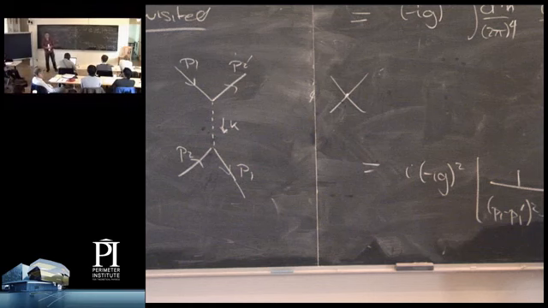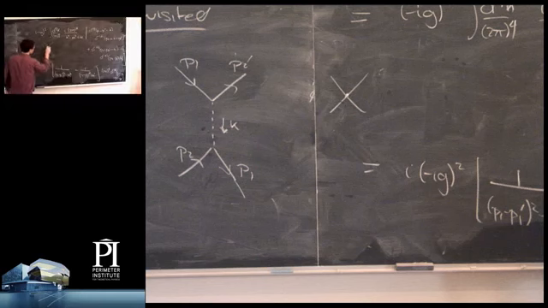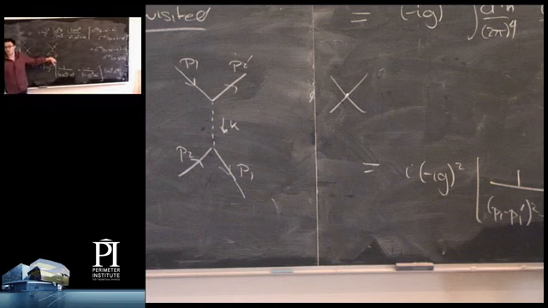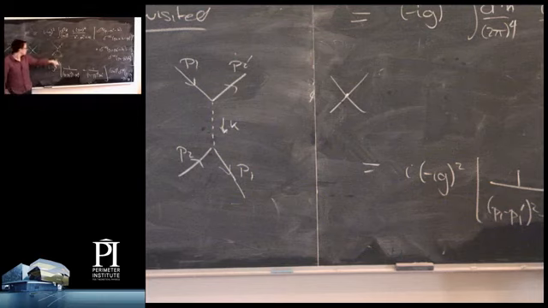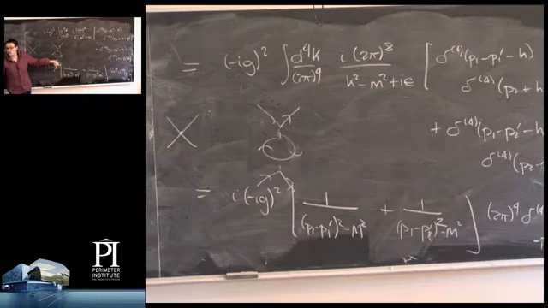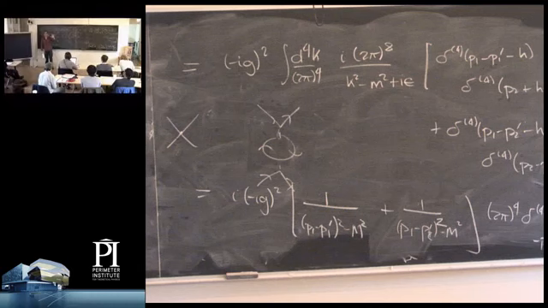Yeah, exactly. There's one last thing I want to say, so I know I'm running on. There were diagrams like this, which I told you would be suppressed because they're order g to the 4, in this case 1, 2, 3, 4 vertices. And it's true, they're down by g to the 4, but there's a coefficient in front of them which is infinite. It's infinite because here you have to integrate over the momentum of all possible internal lines.